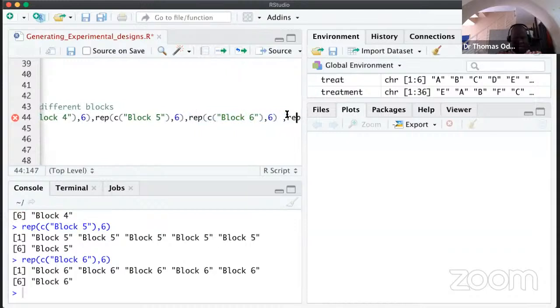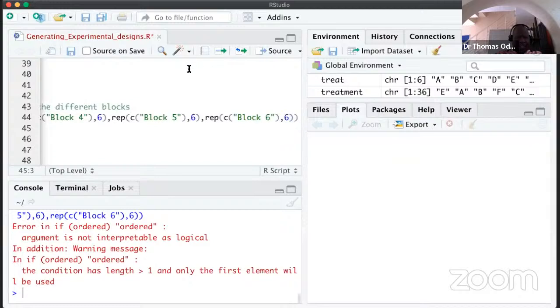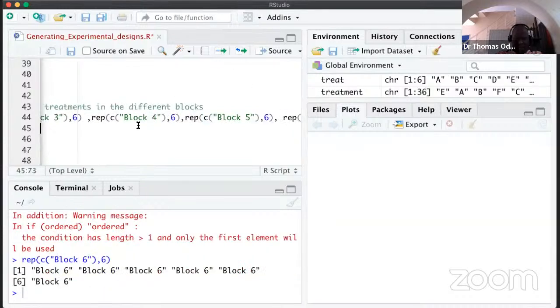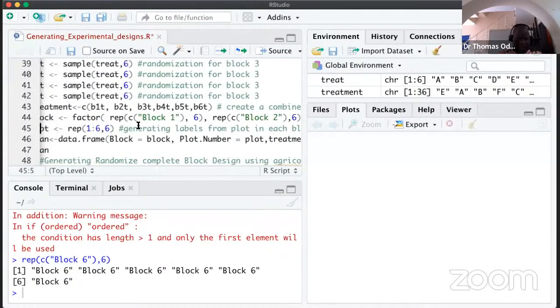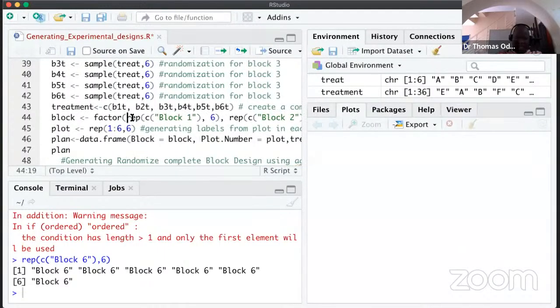Okay, then I need to remove this. So if I run this, okay, the next thing I need to do is to put my seed there, and then I close.